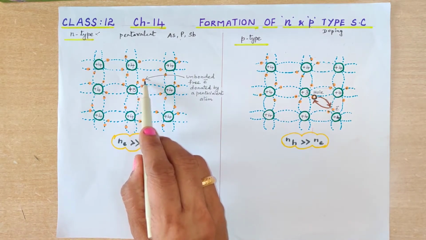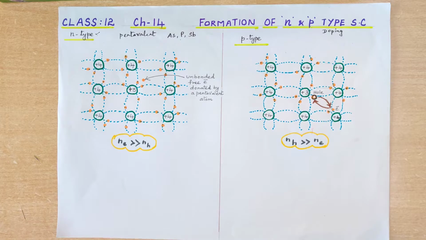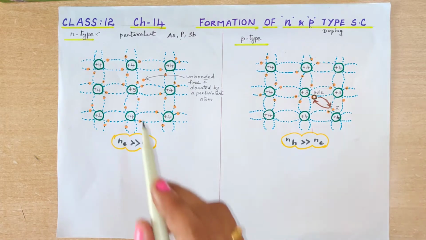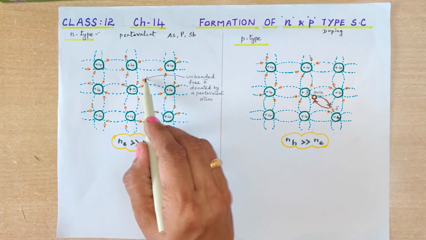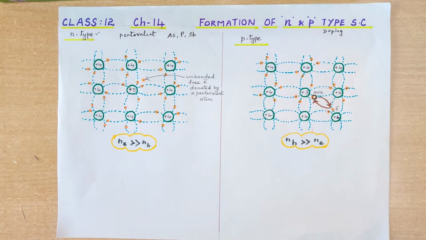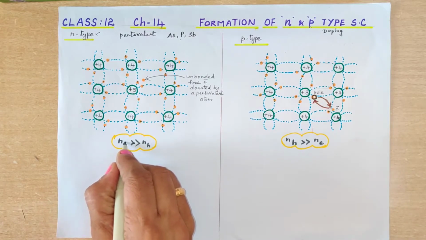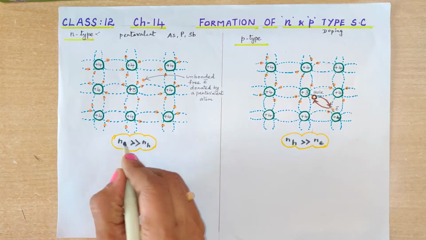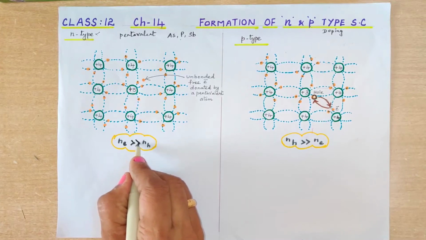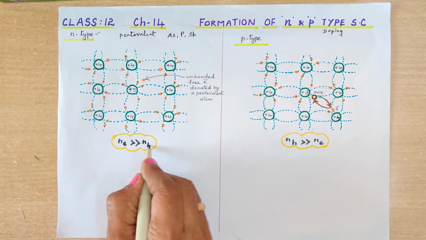Therefore, the number density of electrons, by adding this pentavalent impurity, will be more than the number density of holes. You can see Ne, that represents number density of electrons. It is always much greater than the number density of holes.